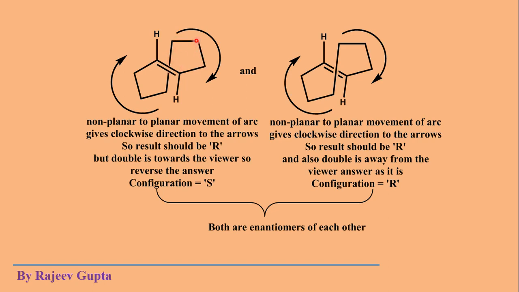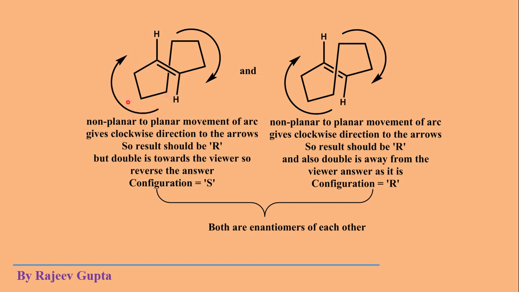The non-planar portion, which is the polymethylene chain CH2 CH2 CH2 CH2 CH2 CH2, is away from the viewer, and we move in this direction, from non-planar to planar, because non-planar is farther from the viewer and planar is closer.